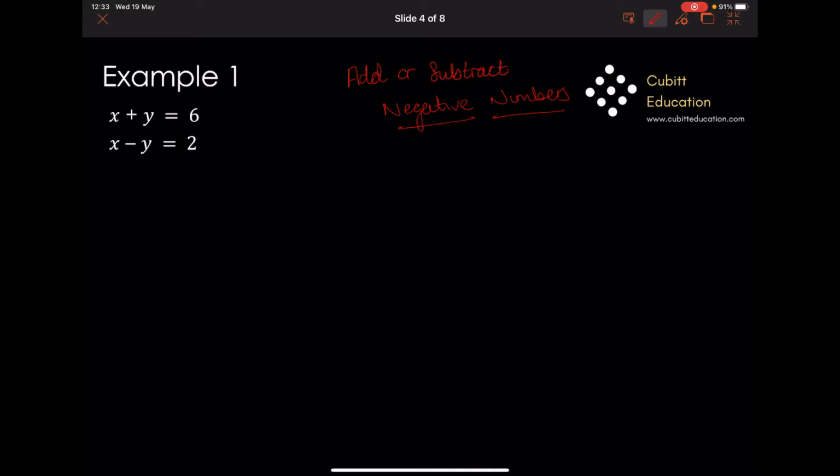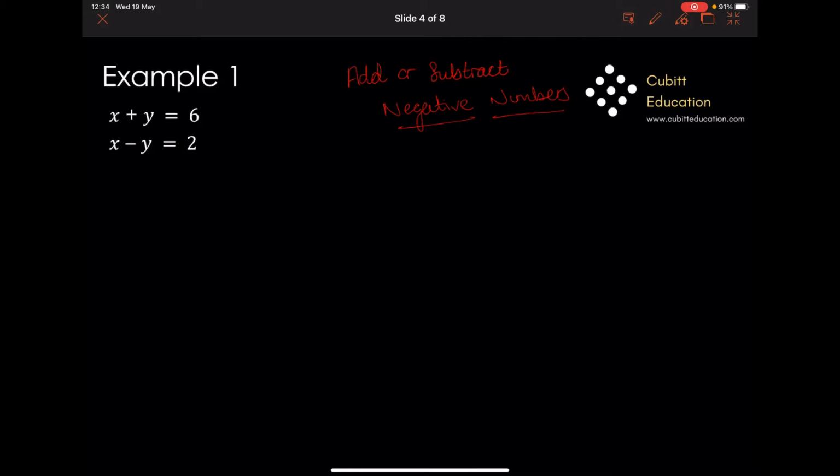Now, because this equation only has one coefficient of x, meaning there's only one x there and one x there, and only one coefficient for y, which is usually the number in front of those letters, we don't really have to do much to this equation. However, in other examples, we might have to change those equations to give us a coefficient for x or y that is the same. We'll come to those examples later on in the video.